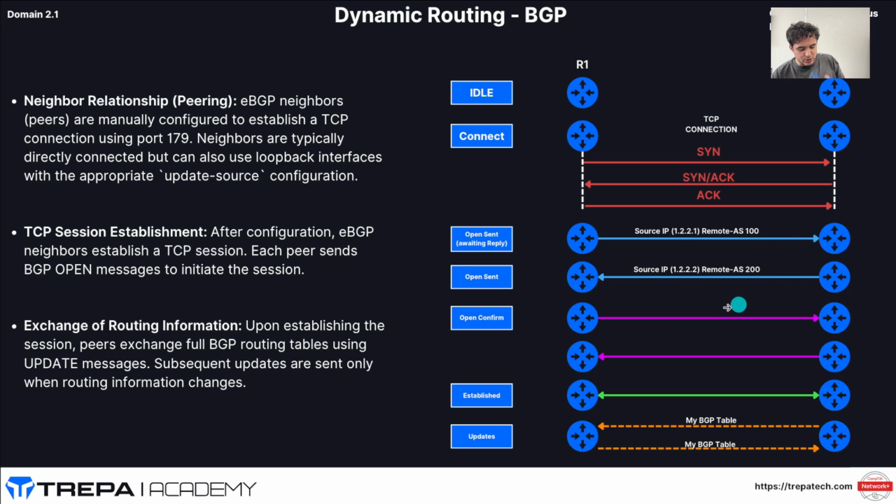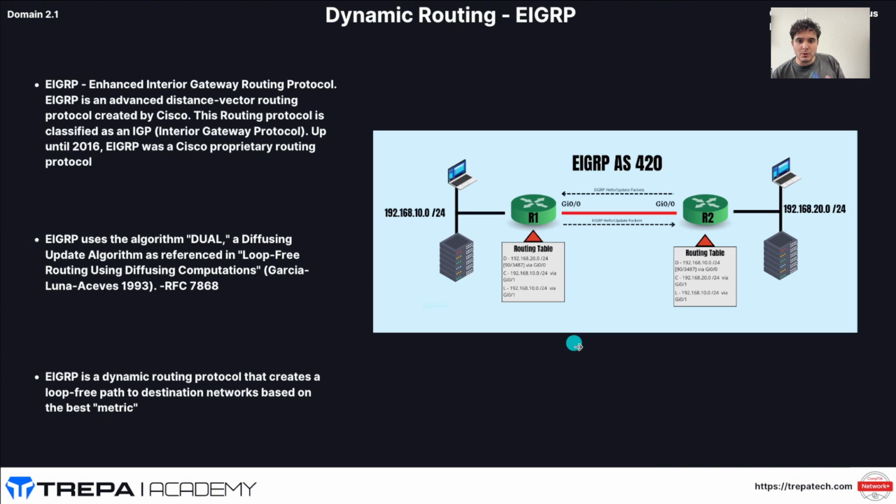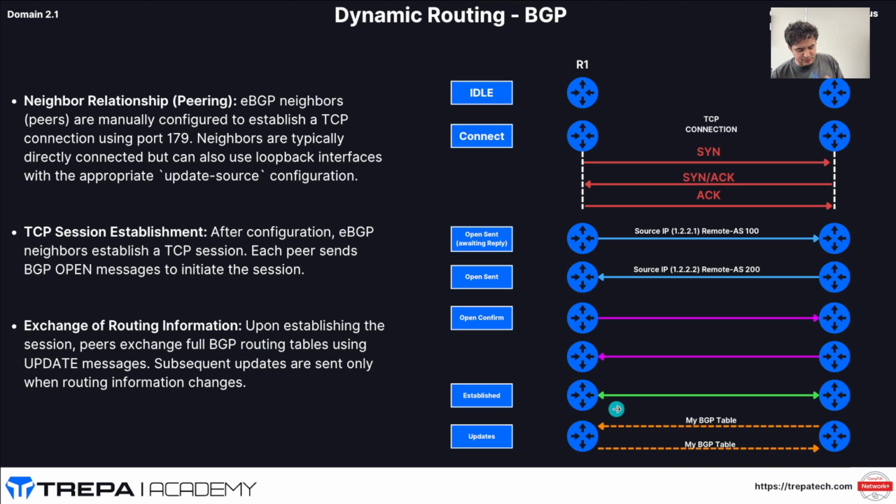Both sides are going to do this. They're going to confirm that, yes, we can become neighbors. And then we're going to become established. And now we have BGP neighborship. And then we're going to send each other updates. Okay, now we're going to exchange the routing information.